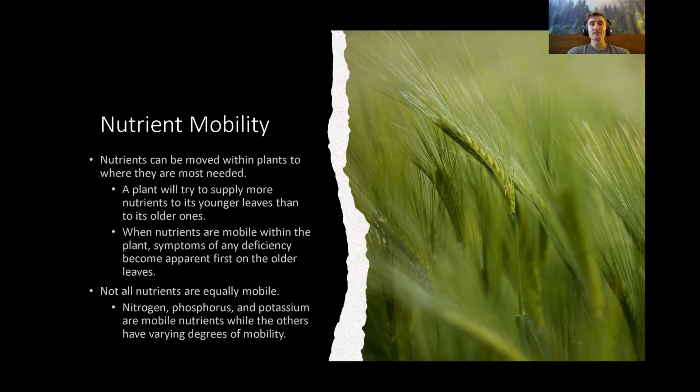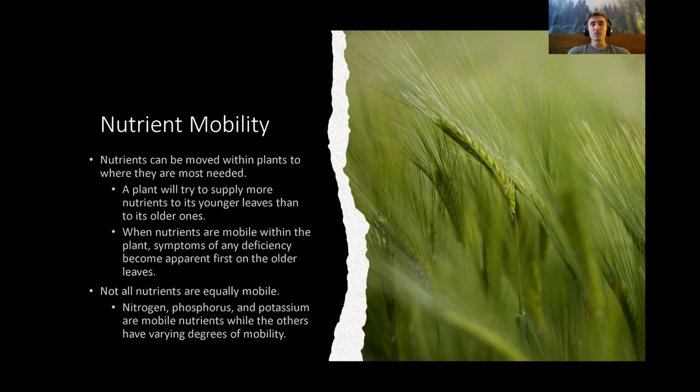That way the plant, if it encounters a deficiency, can compensate by moving those minerals within the plant. All the rest have varying degrees of mobility. Some are immobile and some are mobile. Some are kind of in between. But the three most important from the soil, NPK, those are mobile elements.